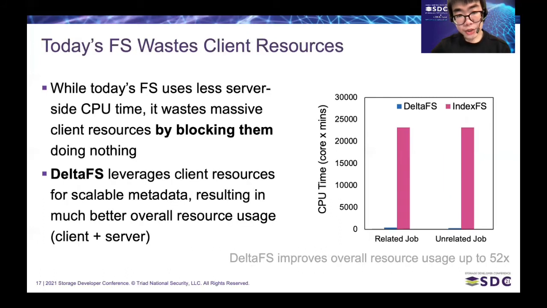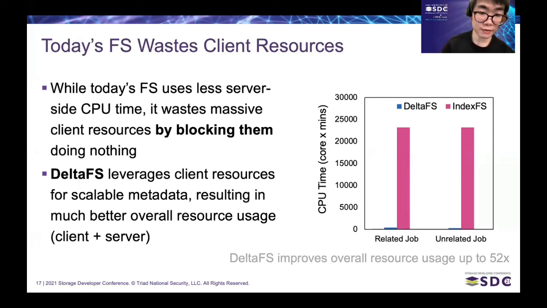Another interesting point we want to make here is that while the traditional file system uses less server-side CPU resources to execute atomic metadata operations, at the same time, it wastes massive client resources by blocking them doing basically nothing.